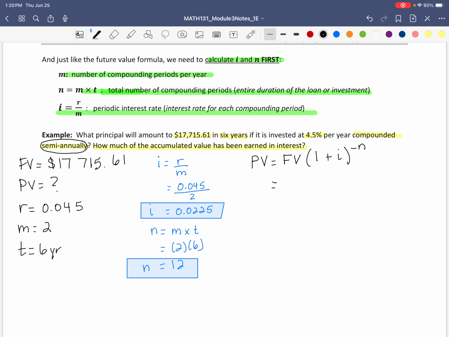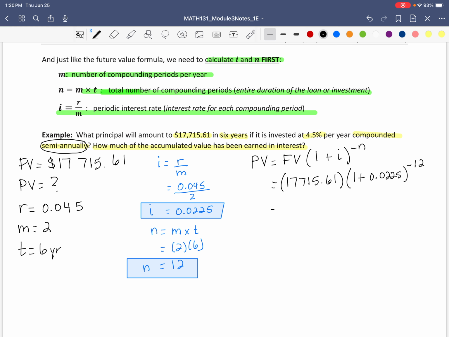Okay, subbing in. Future value, 17,715.61. And I'm multiplying that by 1 plus my I value, all to the exponent of negative 12.